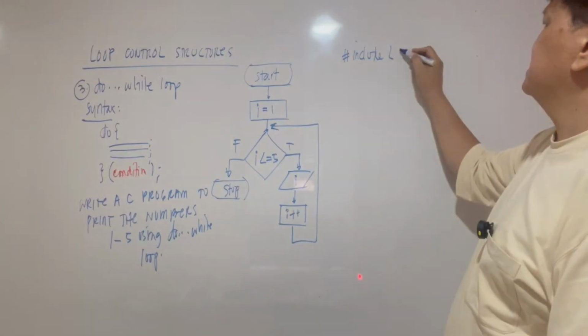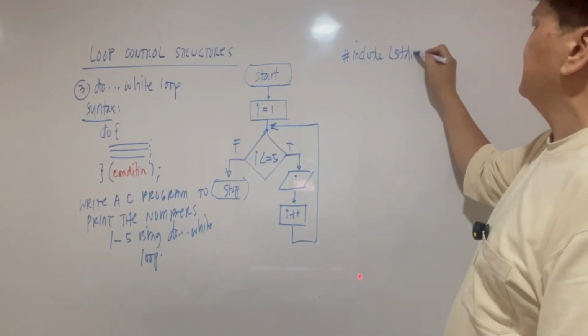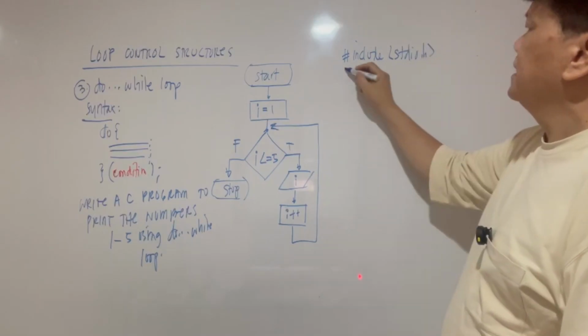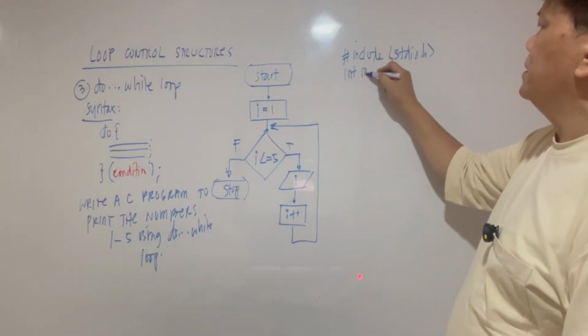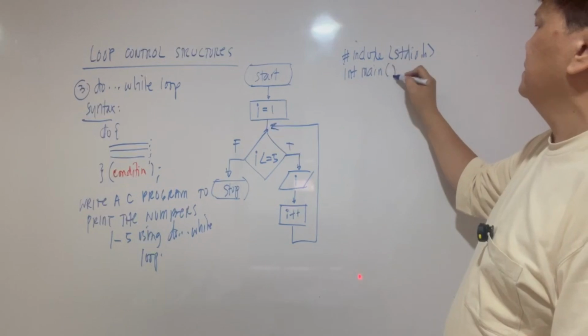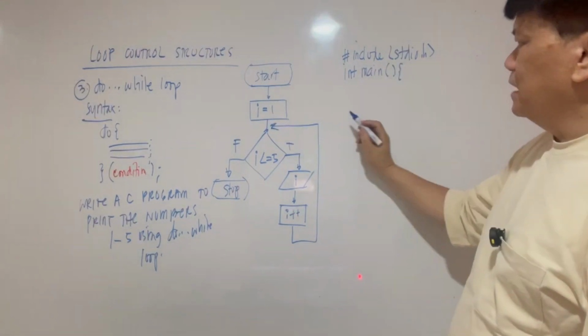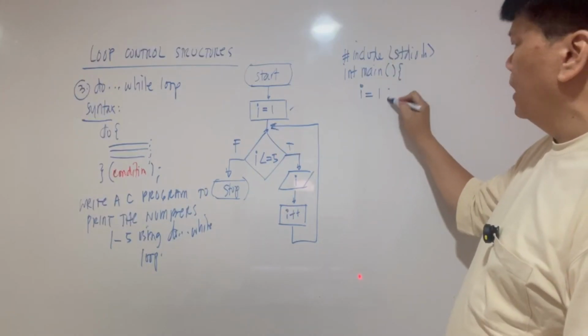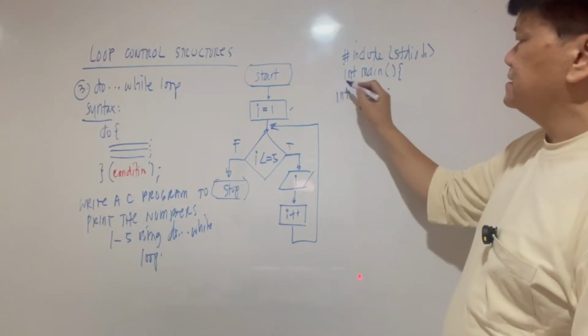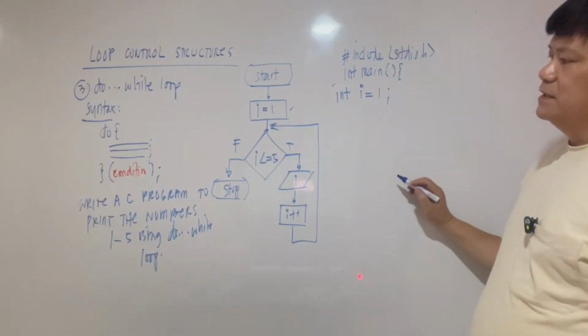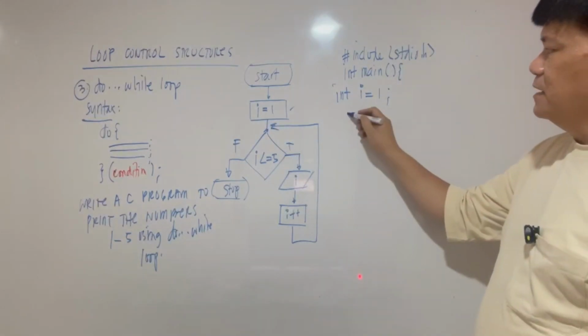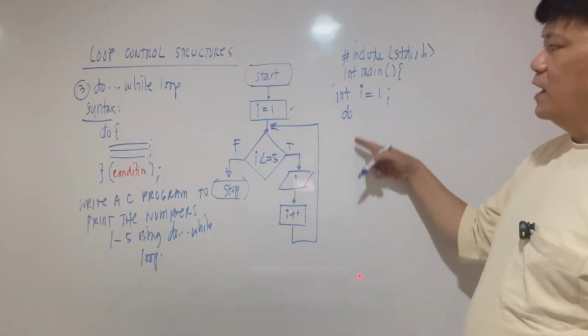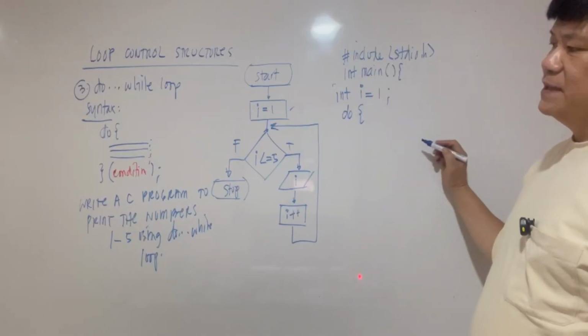So let's have, again, this preprocessor directive, stdio.h, then the entry point to C programming, then you have begin. Now let us initialize I is equal to 1, and that is an integer data type, followed by the syntax for do-while, do, begin.